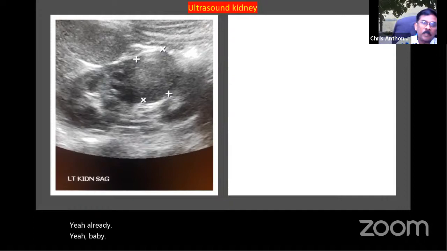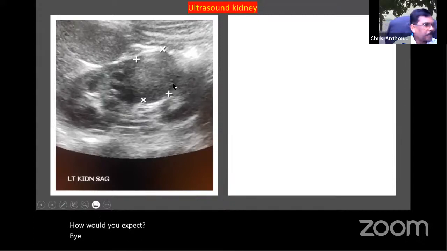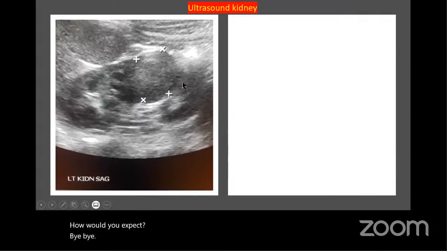So how will you describe this mass here? This is the mass, okay? All these four X's here, between them, there's a mass. How will you describe this mass? I'm not sure, doctor. You try, don't say you're not sure, you make an effort. There's a globular shaped mass within the margins of the left kidney.